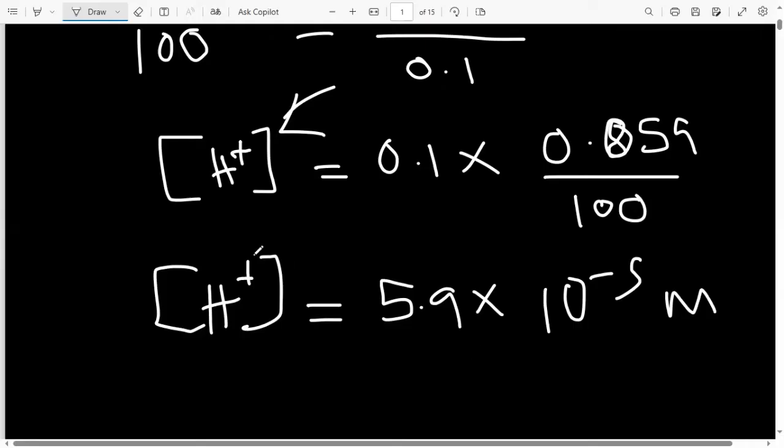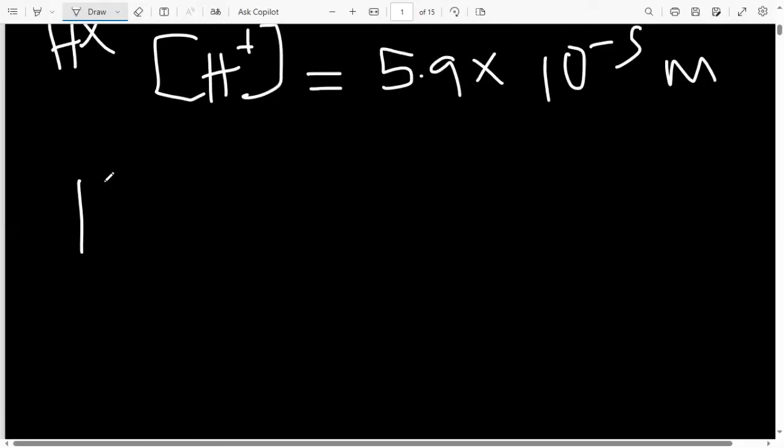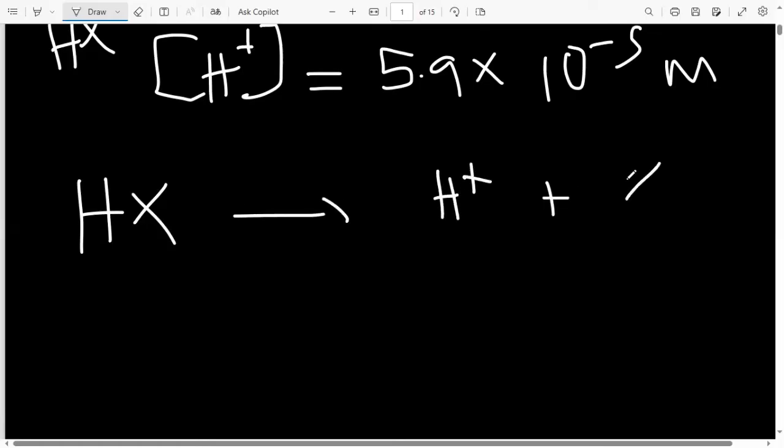Since now we have the concentration of the H plus, and we also have the concentration of HX, we are able to find the Ka value. The acid that we have was HX, and this dissociates to H plus and X minus.